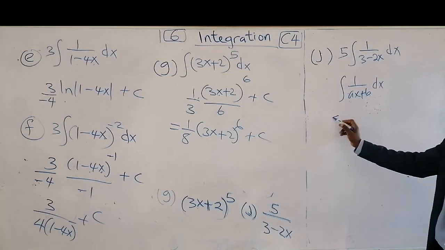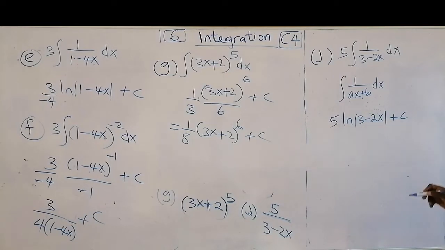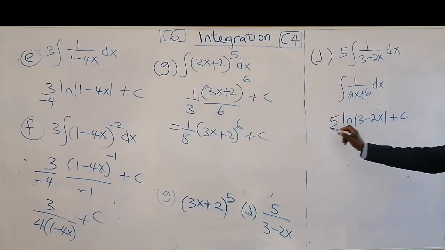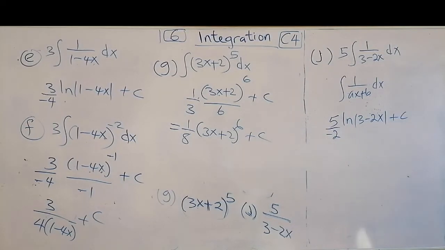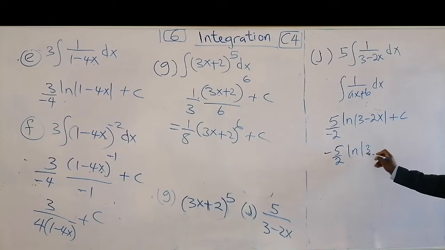So this will be equal to 5 ln of 3 minus 2x plus c. The next question is, what is the attachment to the function? That's minus 2, so over minus 2. And that finishes your question. So that's 5 over 2 ln of 3 minus 2x plus c.